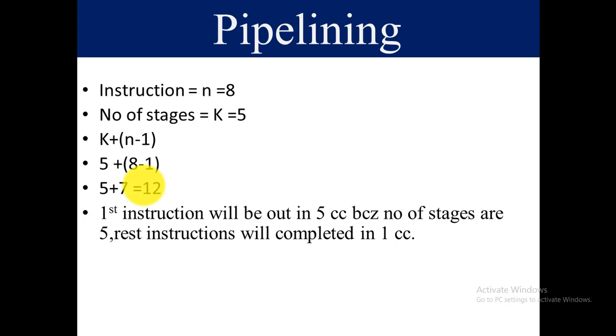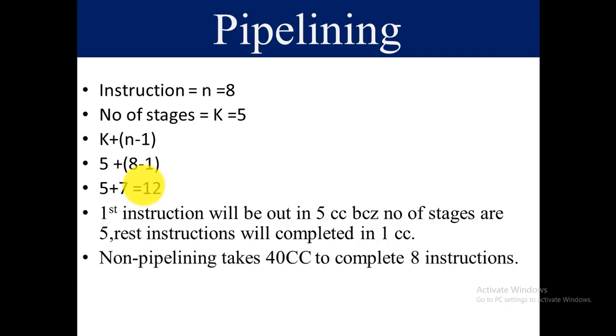The first instruction will be out in the 5th clock cycle because the number of stages is 5. The rest of the instructions will be completed in 1 clock cycle each, and after the 5 clock cycles, on each next clock cycle the next instruction will be executed and completed and comes out from the CPU.